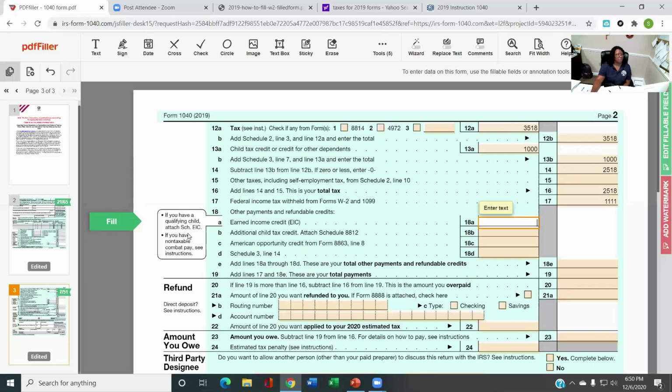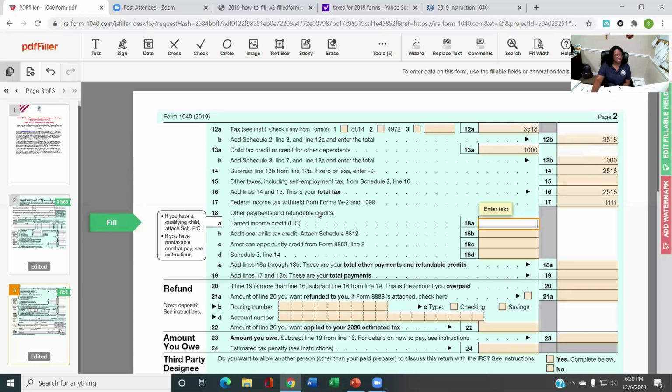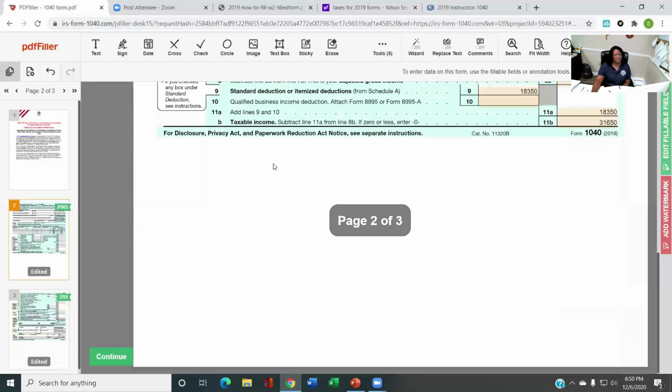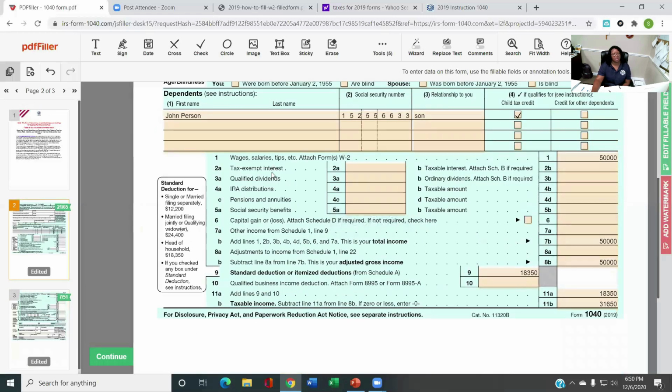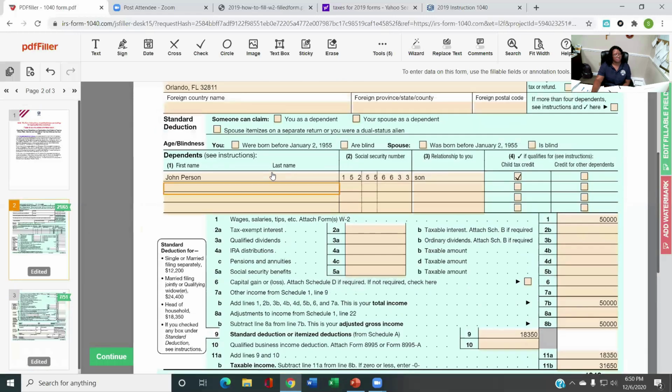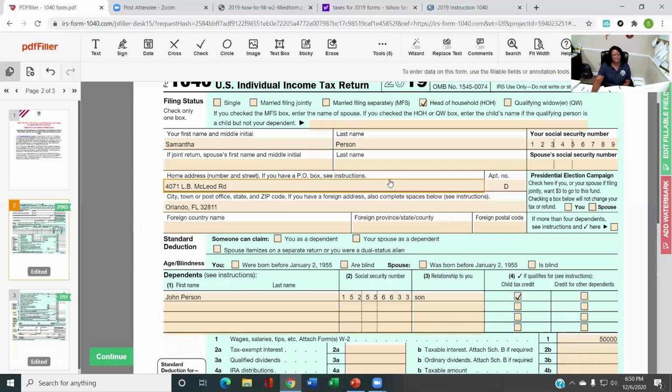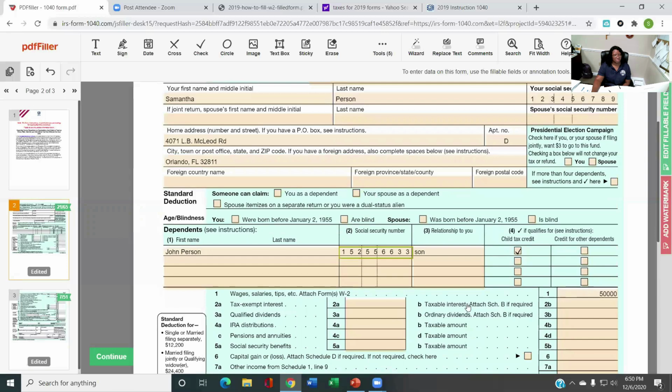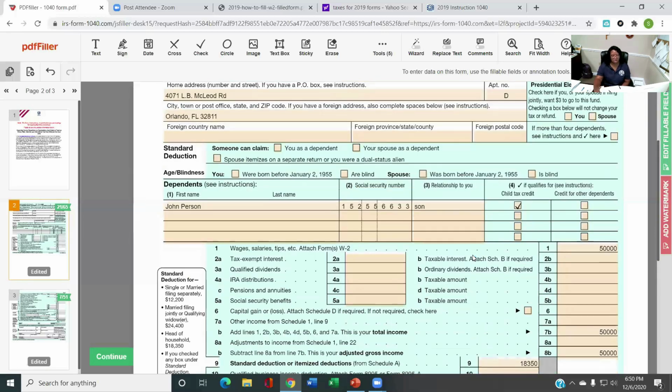If you have a qualifying child, you're going to attach Schedule EIC, which we do have a qualifying child. We didn't put any birthdays here, but on the computer system, it asks for the birthdays, and then it tells you if this child is qualified.